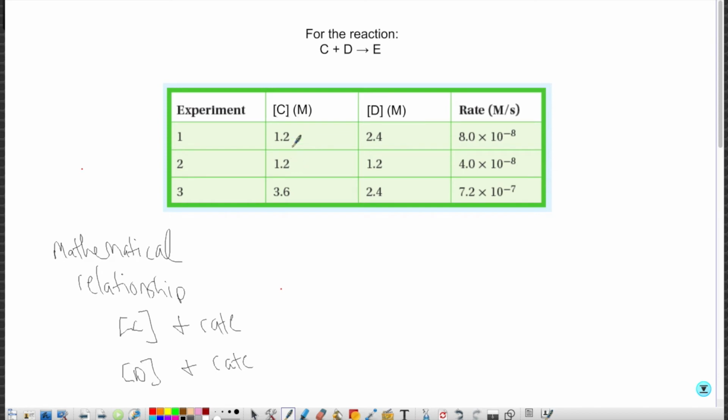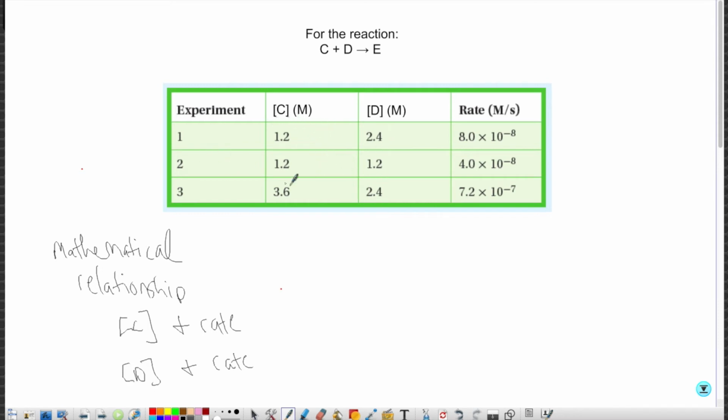So hopefully you paused and thought about that. Let's answer D first, because D is actually just a little bit easier. If I look at this, for D, I want to find two experiments where C doesn't change, but D does.